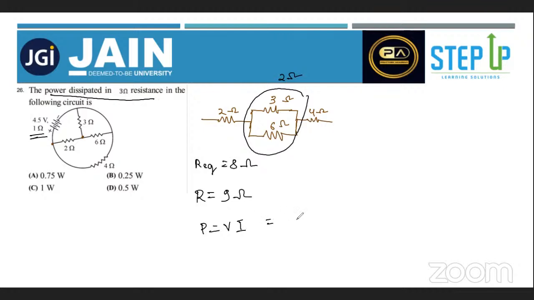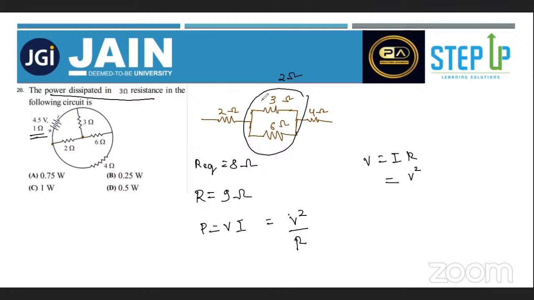So I can write V is equal to IR, and I have the V value, so I need to find it in terms of resistance. This will be V square upon R, if I substitute it here. But what they're asking is the power dissipated in the 3 ohm resistance.